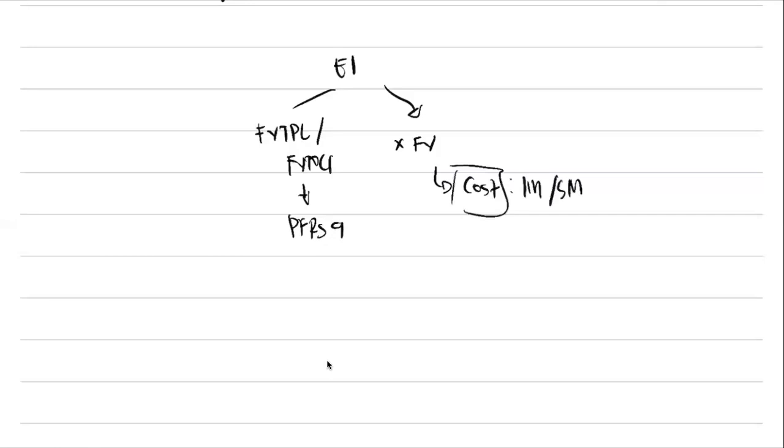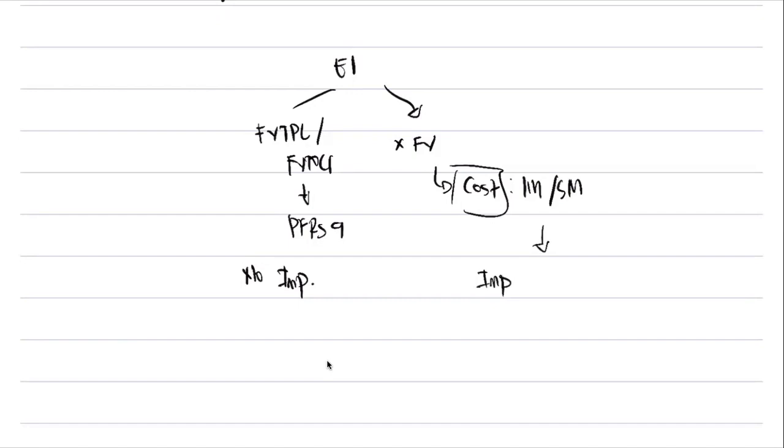Now, in case our initial measurement and subsequent measurement will be at cost, what is the effect of your impairment? Under FVTPL, FVTOCI, remember, we do not have any impairment. But here, since we are measuring it at cost, we can have your impairment. So how do we compute for your impairment?